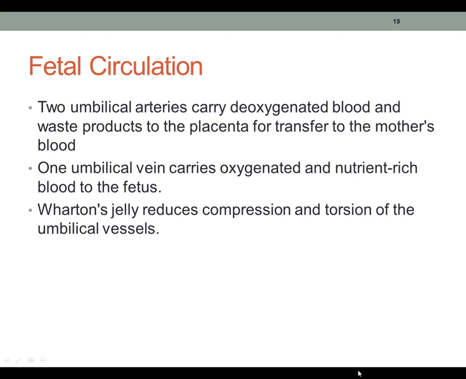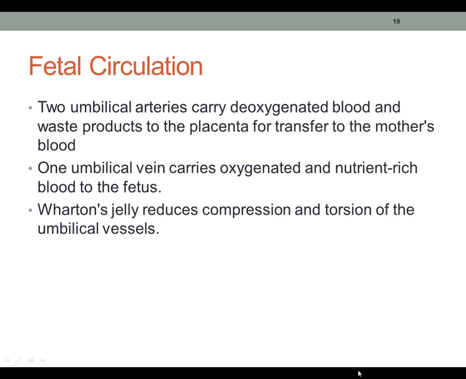So just as soon as birth occurs, then we have some changes that take place in the fetal circulation, related to structural changes in the heart with the foramen ovale and the ductus arteriosus. So you need to watch that video and know the differences, because once baby's born, you've got to be able to know the changes that have transpired and what complications might occur.